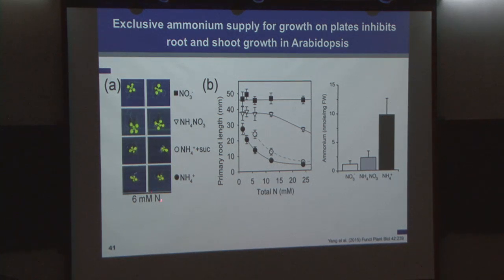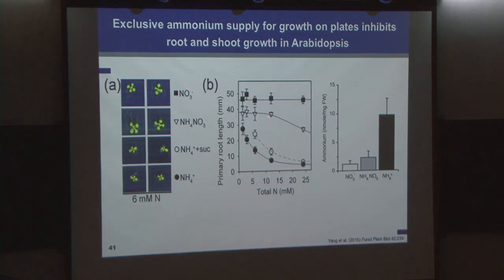In all cases, we have here for this picture 6 millimolar total nitrogen, and you can see this is already a little bit toxic when you supply the nitrogen as ammonium. The plants do not want to grow so nicely as they do here with nitrate. And we quantified the primary root lengths for these plants.